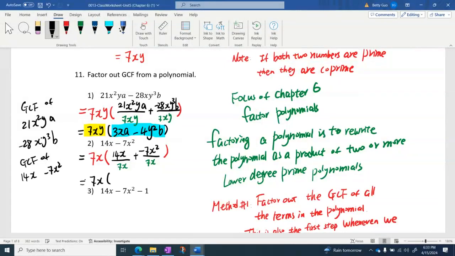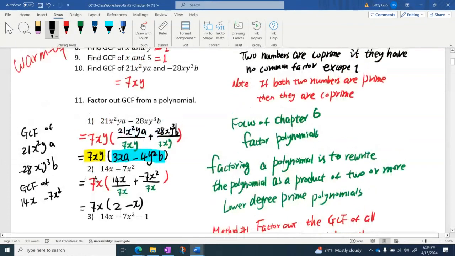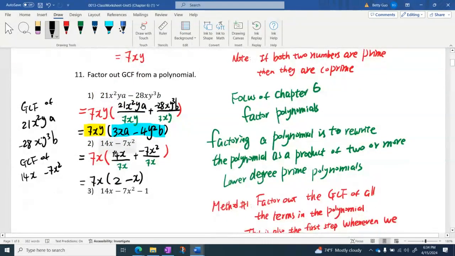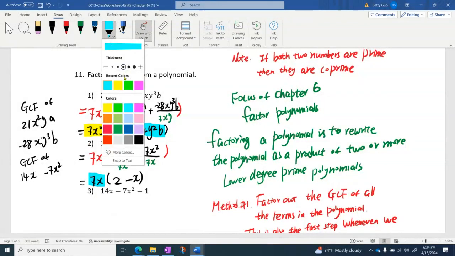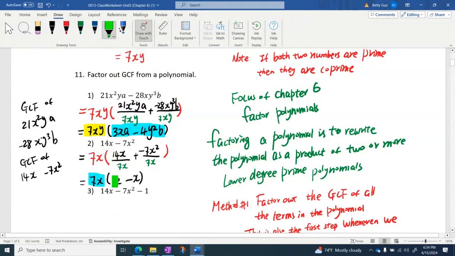Copy the GCF of 7x times parentheses. The first quotient, 14x over 7x is 2. Second quotient, negative over positive is negative. 7 cancels 7. X squared over x is x. Very good. So let's see what happened. We rewrote the given polynomial as a multiplication of two lower degree polynomials.